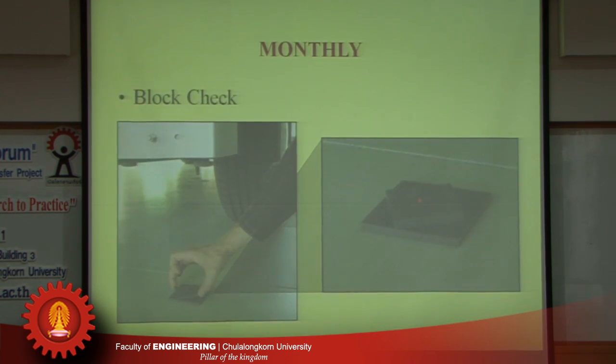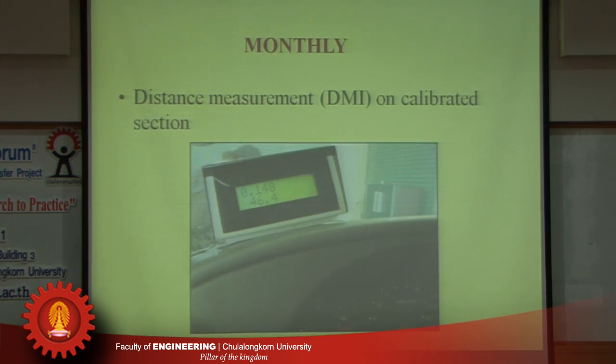We calibrate it without a block, and then with the block. The thickness of the block is known. So you have a reading without the block and a reading with the block, so we can calibrate the distance correctly.